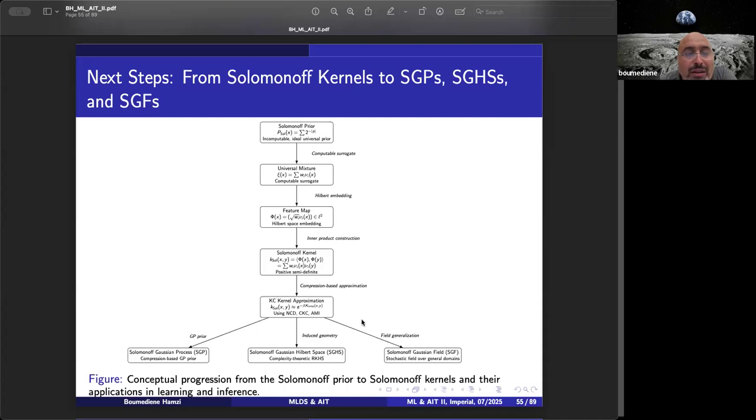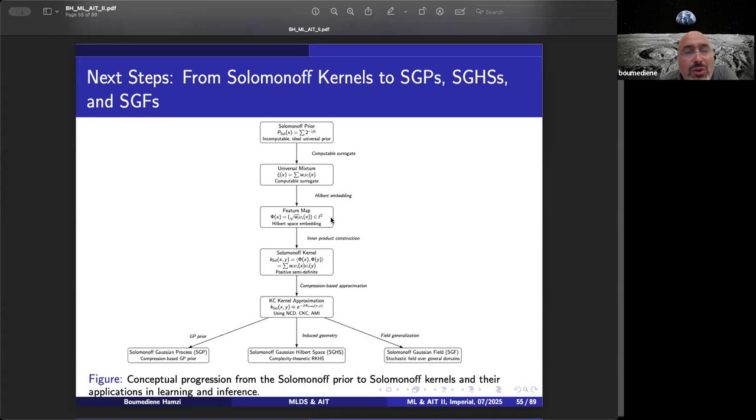If you look at the work of Marcus, he started by finding computable surrogates for Solomonoff. The idea would be to argue that these complexity-based kernels are approximations of what we call the Solomonoff kernel. The Solomonoff kernel comes directly from the universal mixture that Marcus introduced, where this universal mixture is used to construct an embedding to go from the space of data to a different Hilbert space.